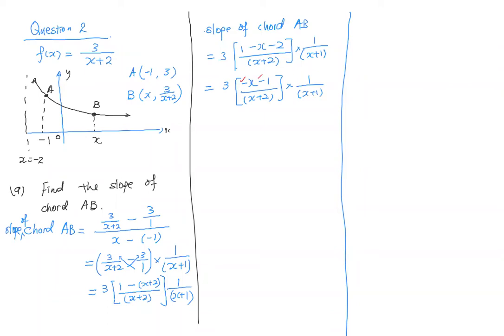So it will become -3 times x plus 1 over x plus 2 times 1 over x plus 1. Are you okay so far? So far, so good. So I cancel off. So I have simplified the slope of the chord already. So it's -3 over x plus 2.